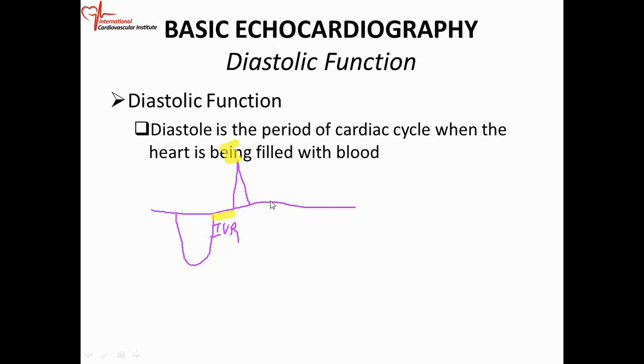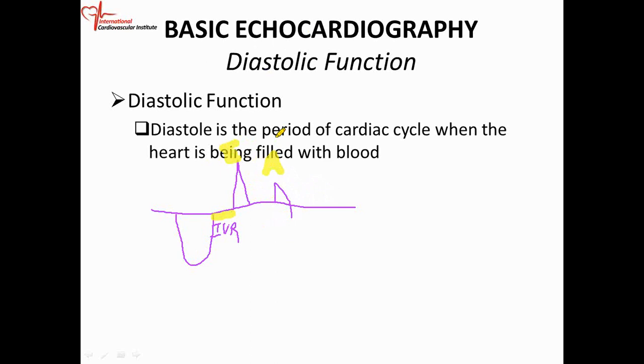Then after diastasis, the atrium contracts, and you get your A velocity. So: IVRT, E velocity, diastasis, and your A velocity.